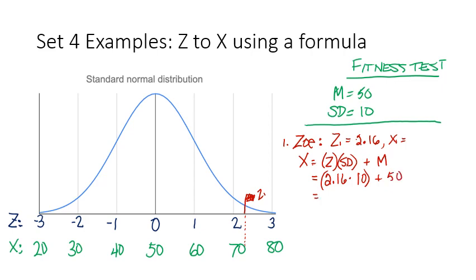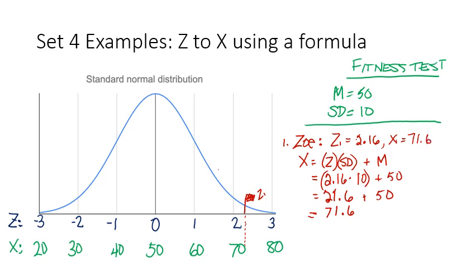And 2.16 times 10 equals 21.6 plus 50 equals 71.6. That works out beautifully with what we just predicted, so we can put 71.6 as our response to that item.